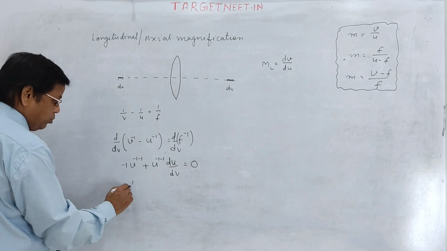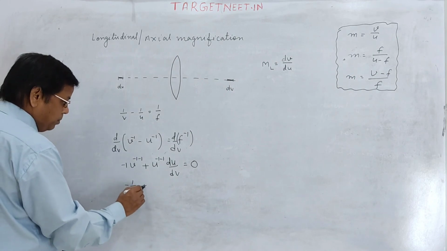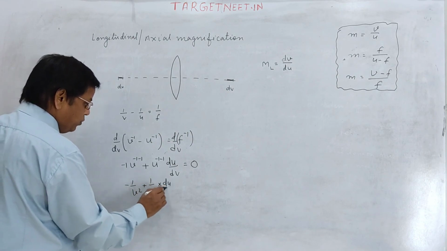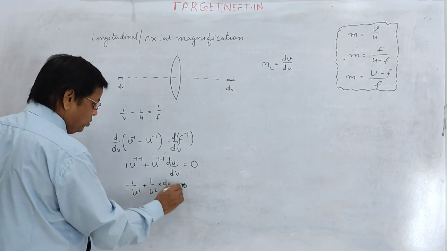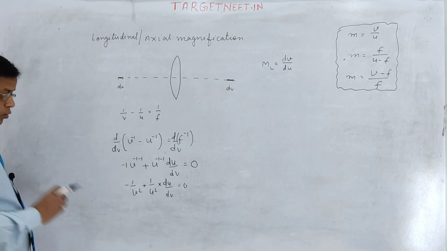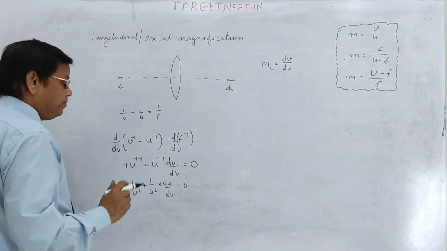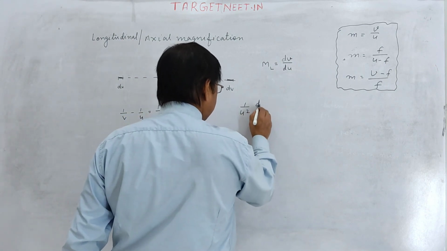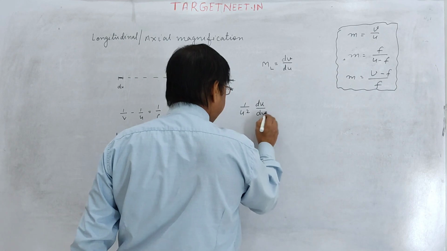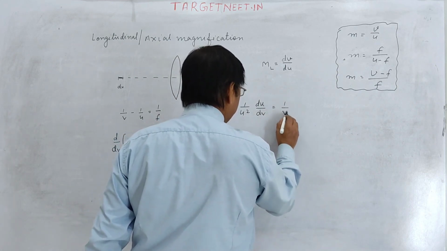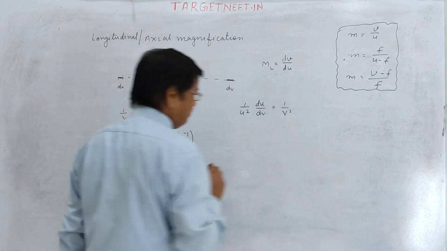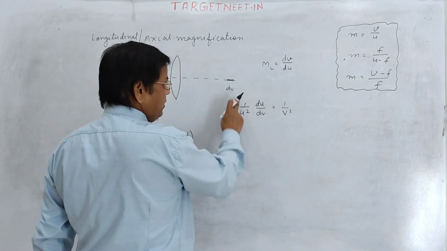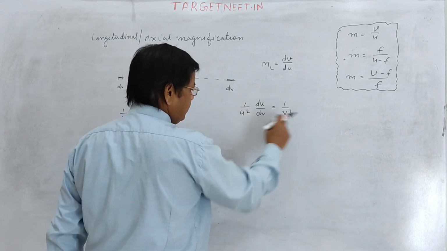So it is minus 1 upon v square plus 1 upon u square into du over dv is equal to 0. If I move this on this side, it is 1 upon u square du over dv is equal to 1 upon v square, right? Move v square on this side and dv over du on this side.